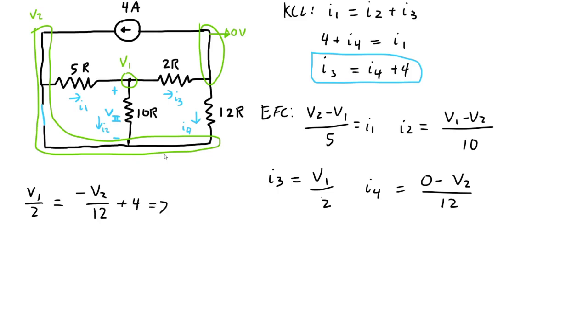So multiply everything by 12, 6V1 equals minus V2 plus 48. So V2 equals 48 minus 6V1. Go ahead and plug that in for the expression.